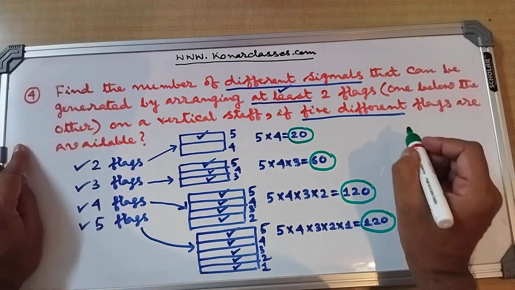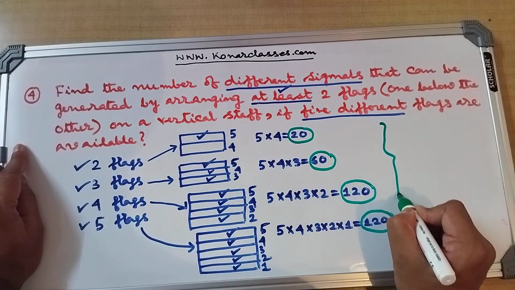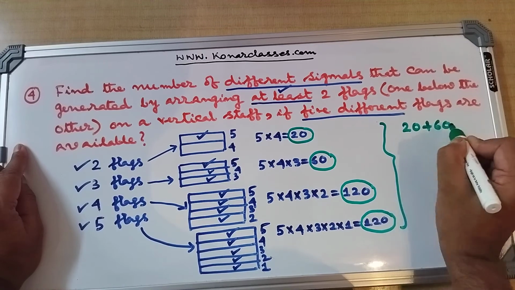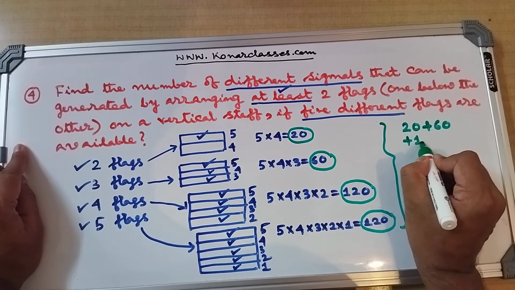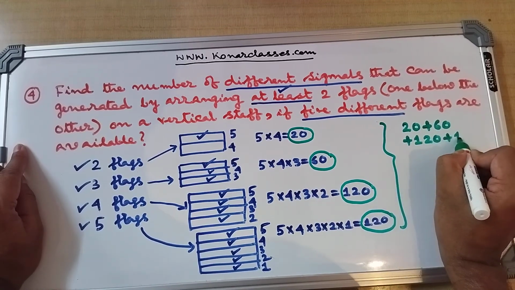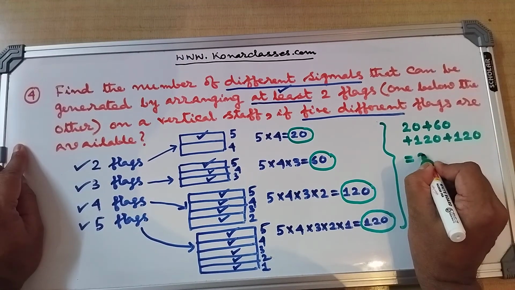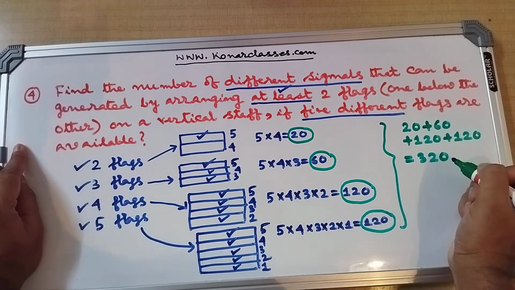So the required number of ways is the addition of all these numbers, 20 plus 60 plus 120 plus 120, and it comes to 320. So the required answer is 320.